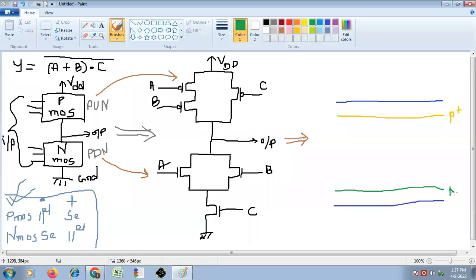Green color. Of course, this is VDD and it is ground.